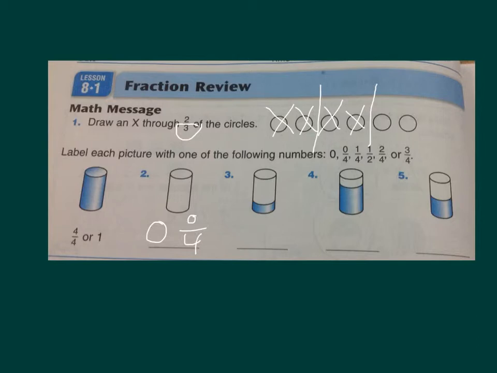Number 3, it looks like it's just a very small amount, and that will be 1/4 of the container. Number 4, it looks like most of it's filled, but not all of it, so that is going to be our 3/4. Number 5, only about half is filled up, so that would be 1/2, or another way to say that is 2/4.